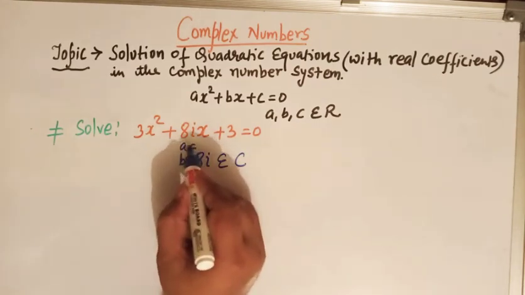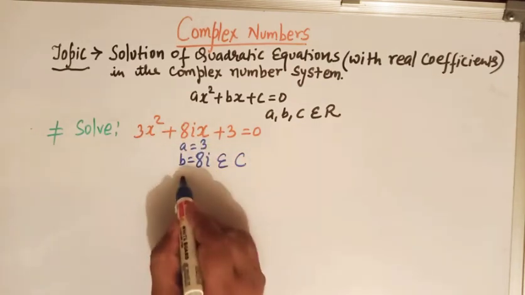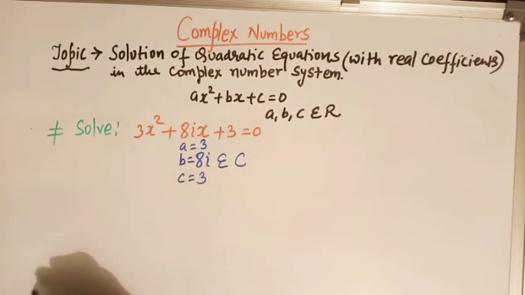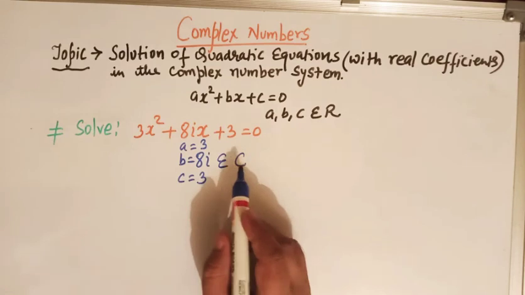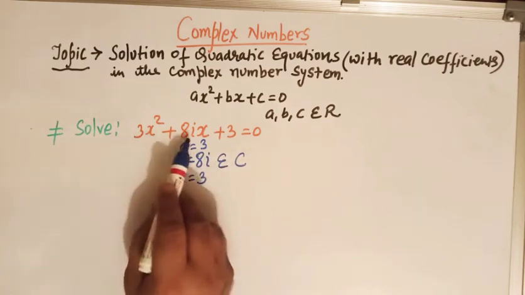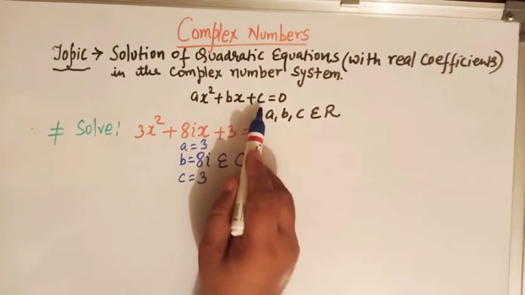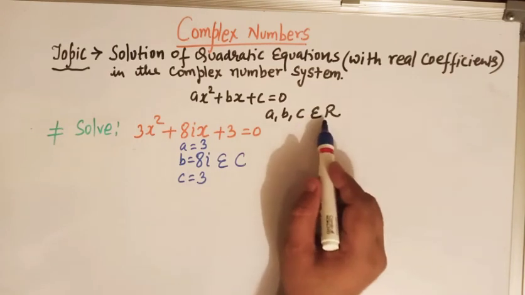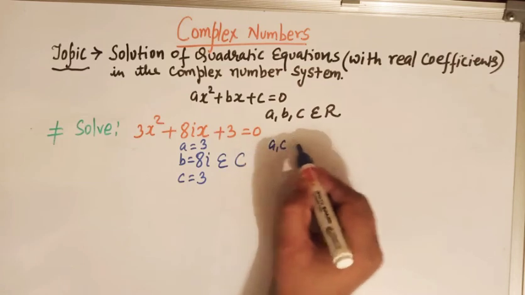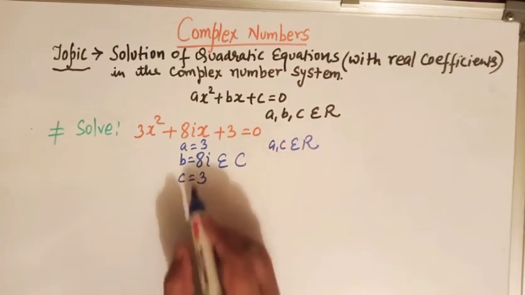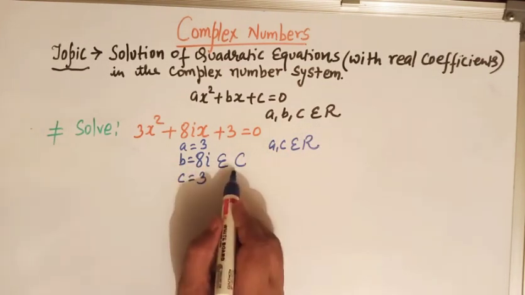And here we have a is equal to 3 and c is equal to 3. So the special thing about this quadratic equation is that all the three coefficients, that is a, b, c, are not all real numbers. Only a and c are real numbers, right? And b is a complex number.